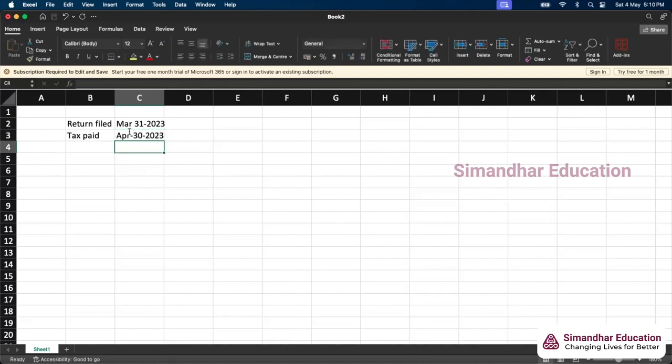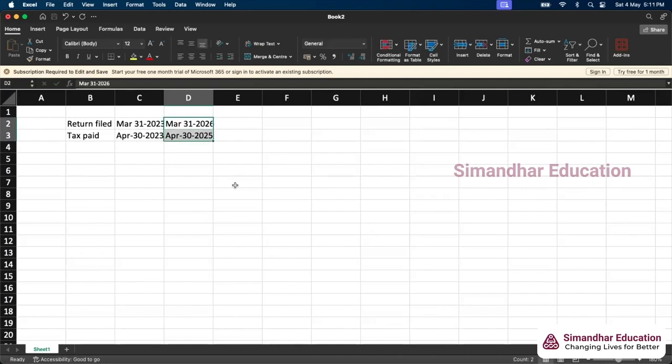So the statute of limitations says that it applies the later of 3 years from when the return was filed, which would be March 31st, 2026, or 2 years from when the tax was paid, right? 2 years from April 30th would be April 30th, 2025. So in this case, what would be the statute of limitations based on what we went through?